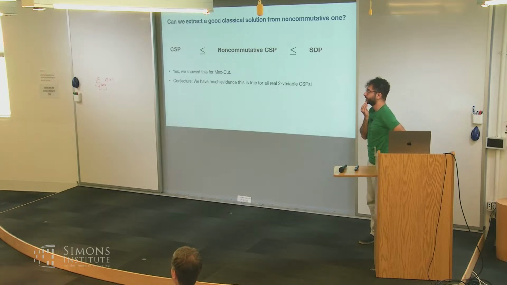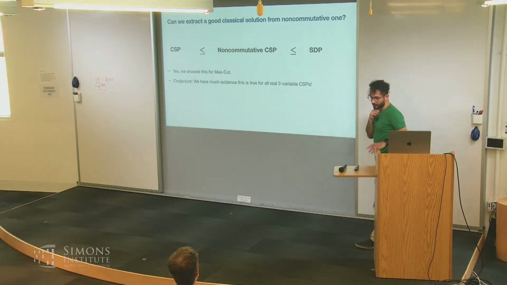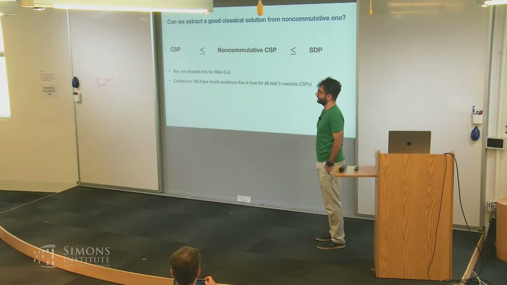I had a question. For any CSP, you have a trivial constant factor approximation if the arity and the domain are bounded. Absolutely. Is something similar the case for non-commutative CSPs, or are there problems for which we don't know that? I think that for general CSPs, we don't even know whether this gap would be 0. There's no general theory that would tell us that.